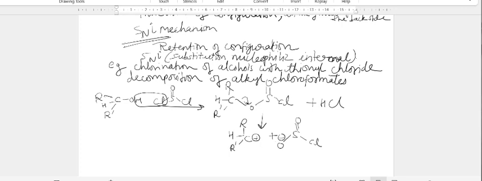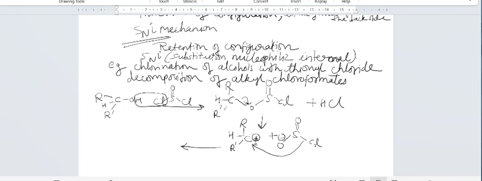Then there is an internal rearrangement like this: one part of the leaving group, this is the leaving group, the electrons present in the S-Cl bond, come here and reach the electron deficient site, which is C plus.